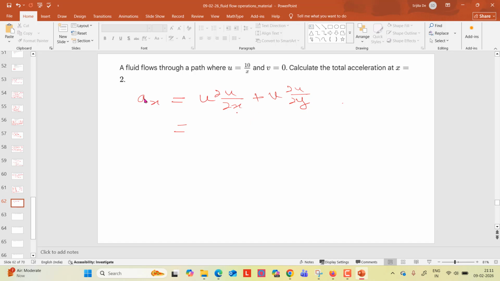So it is u. So u is already given, like u equals to 10 by x means 10 by 2, 5. So 5 into ∂u/∂x. So ∂u/∂x is minus 10 x to the power minus 2, plus v is 0.